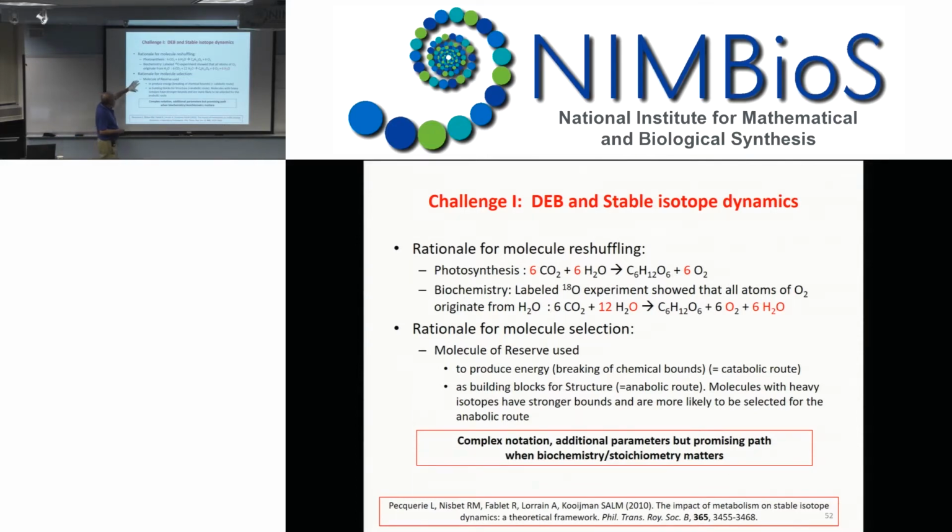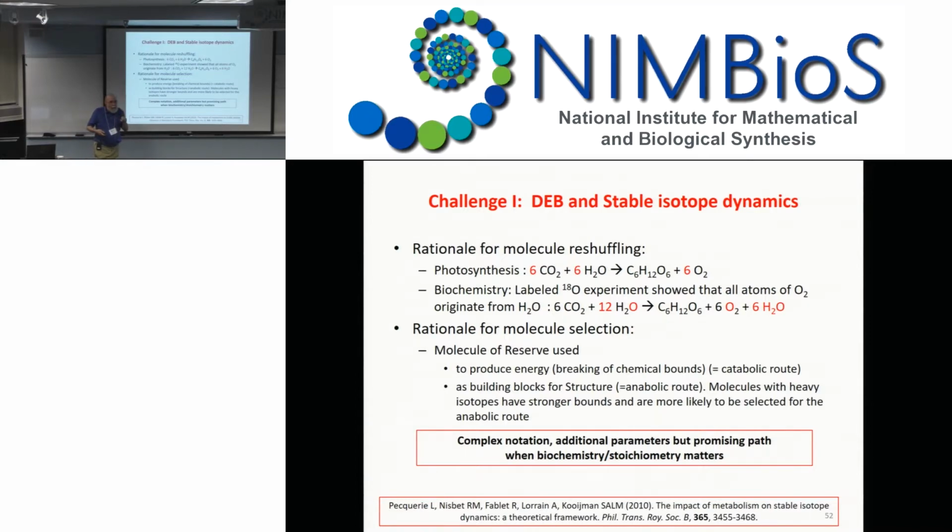In terms of this process that she called molecular selection, you have to recognize that DEB doesn't take account of the fact that when reserve, as it's called, is mobilized, it can be used for catabolic processes or for anabolic, that is, biosynthesis processes. And again, there are differences. A big component of maintenance is the turnover of biomass.